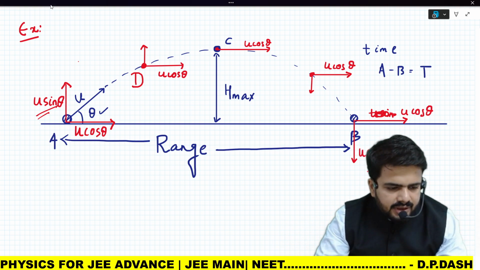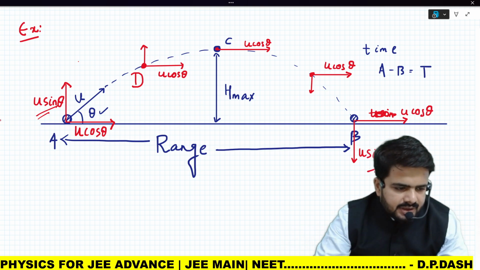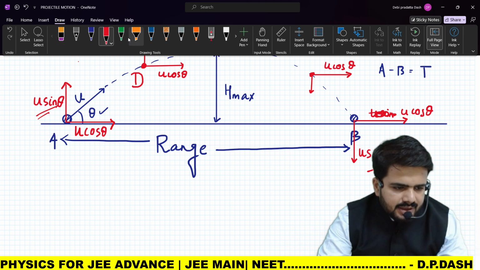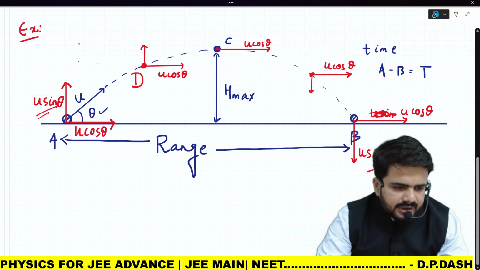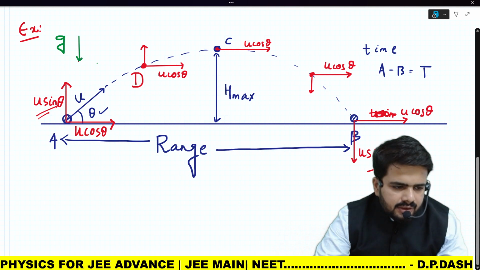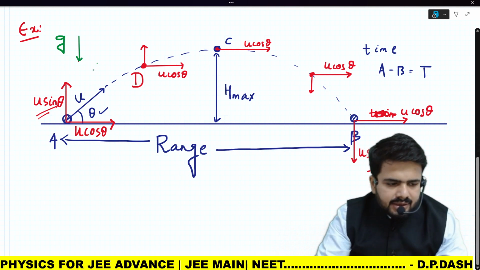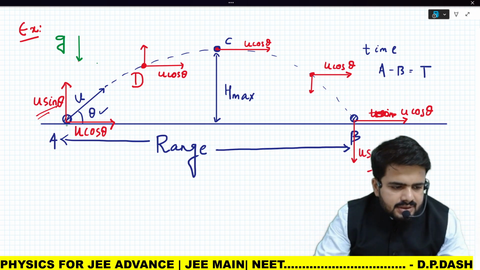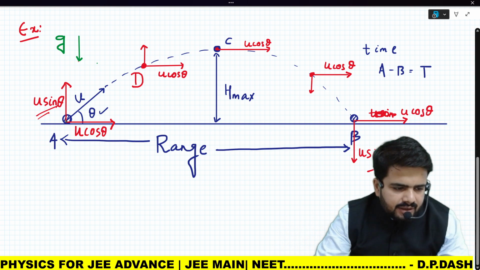Here one thing we can say is that gravity, the acceleration due to gravity, is always acting in the downward direction, towards the surface of the Earth. So since gravity is acting vertically downward, the acceleration g is acting along this direction.